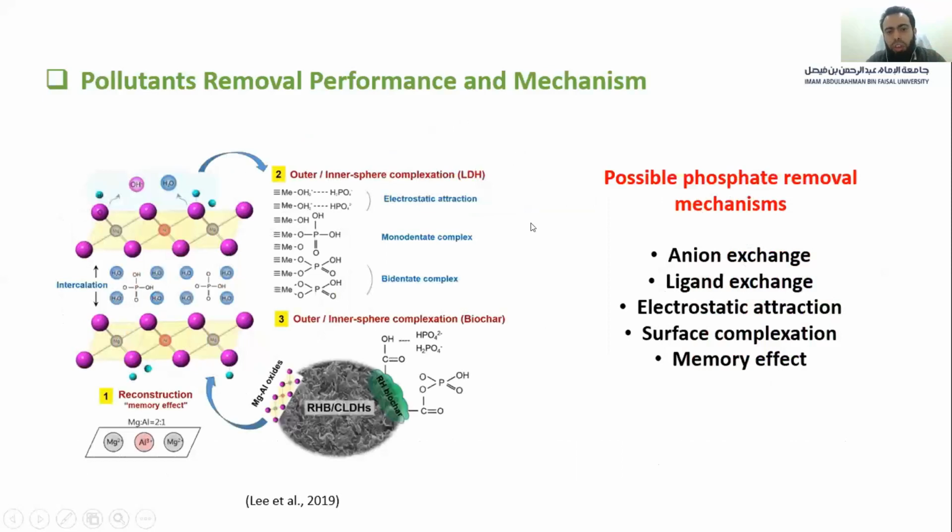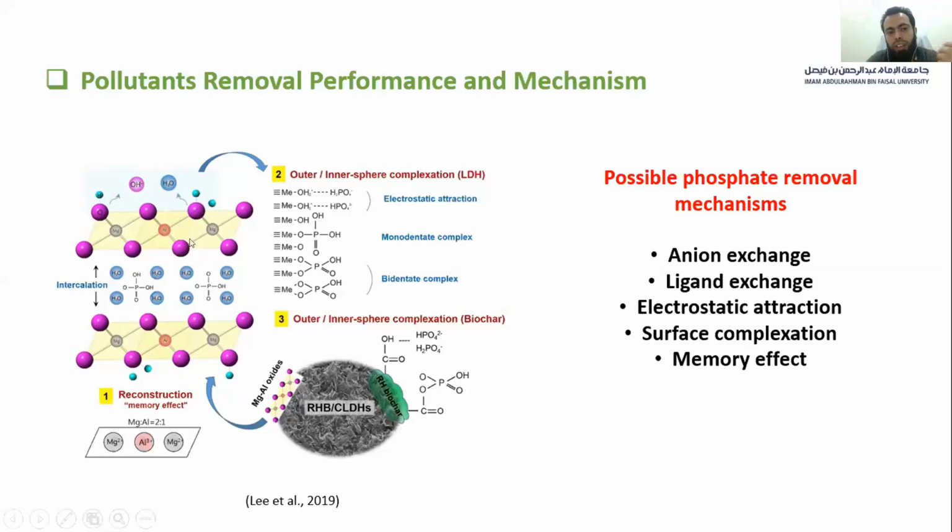For the removal mechanism of phosphate, you can see it here. Different mechanisms have been proposed for how phosphate is removed using LDH biochar composite. Generally, from pH 2 to 7, phosphates are available in anionic form. In this range, the surface charge of the LDH biochar composite is positive, so the negative ions are attracted by electrostatic attraction.